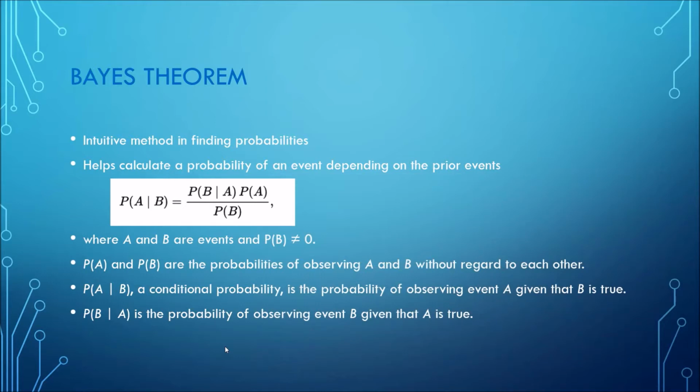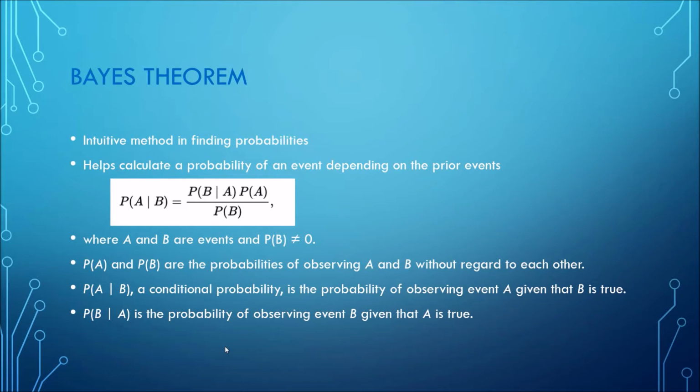Mathematically, we all know that P of A given B is P of B given A multiplied by P of A, divided by P of B, where P of A and P of B are the probabilities of events A and B occurring without regard to each other, which means they are independent of each other.